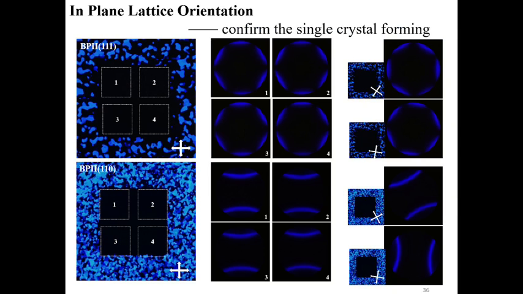That is all showing here. That is the Kossel diagram to indicate that even though those are black areas, they actually have different lattice orientations. That is for blue phase 2, which has a simple cubic structure.